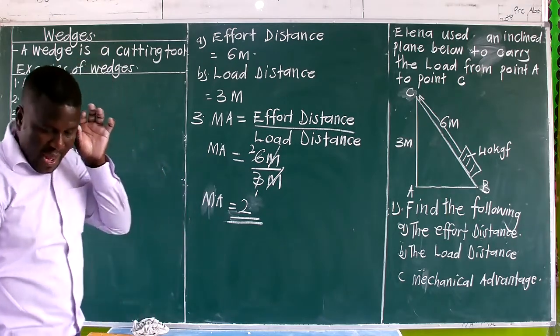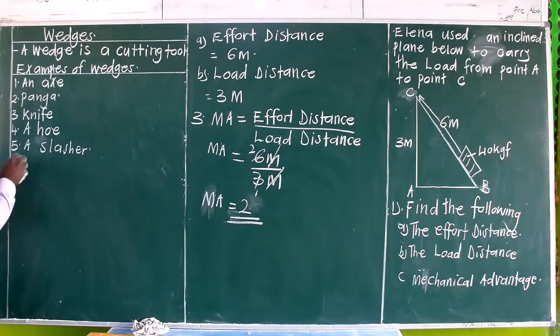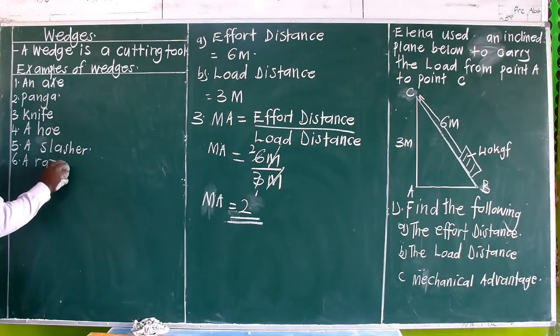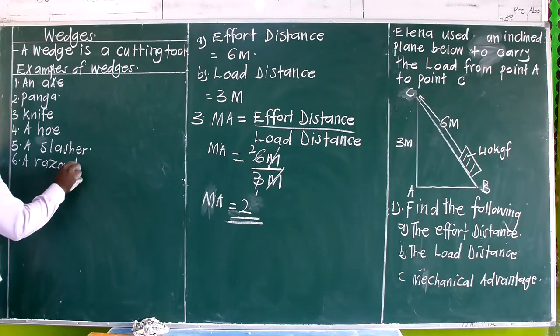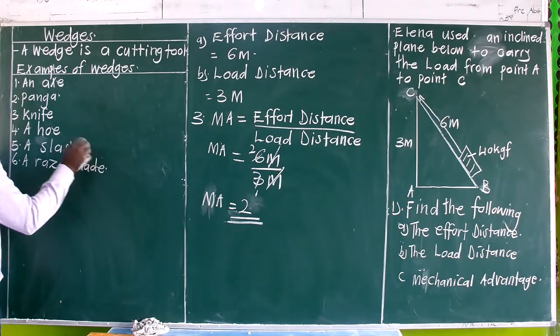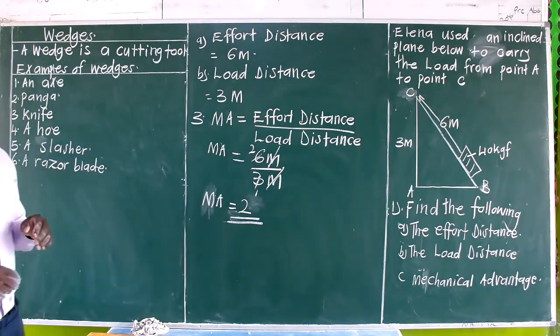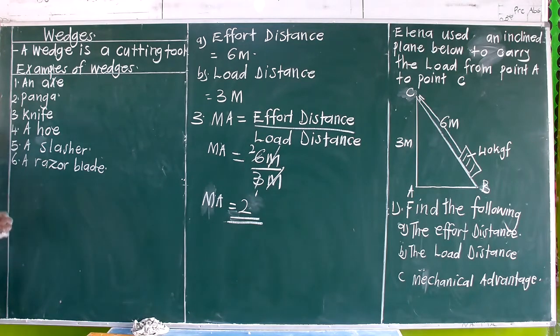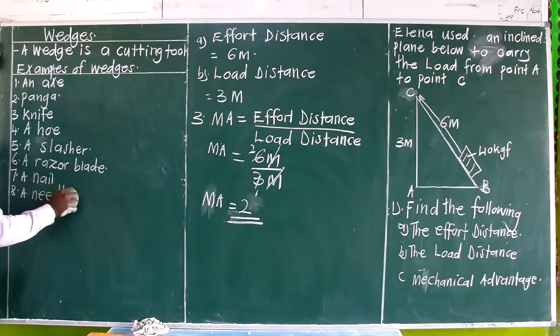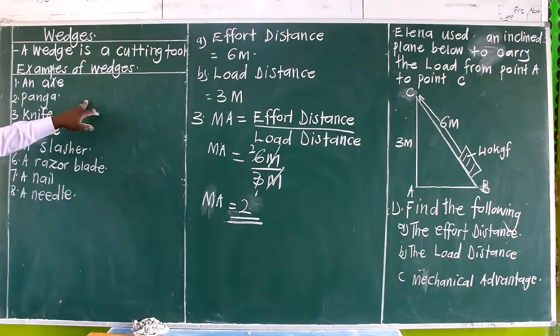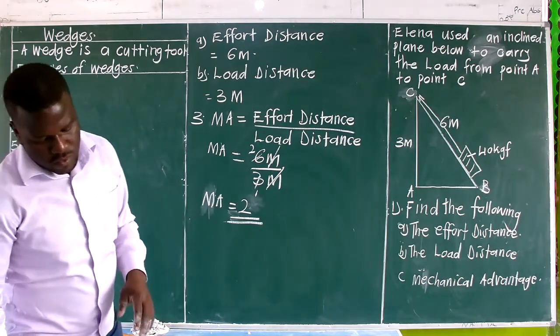A razor blade, a nail, a needle, and so on. So all these are examples of wedges. Why are they called wedges?